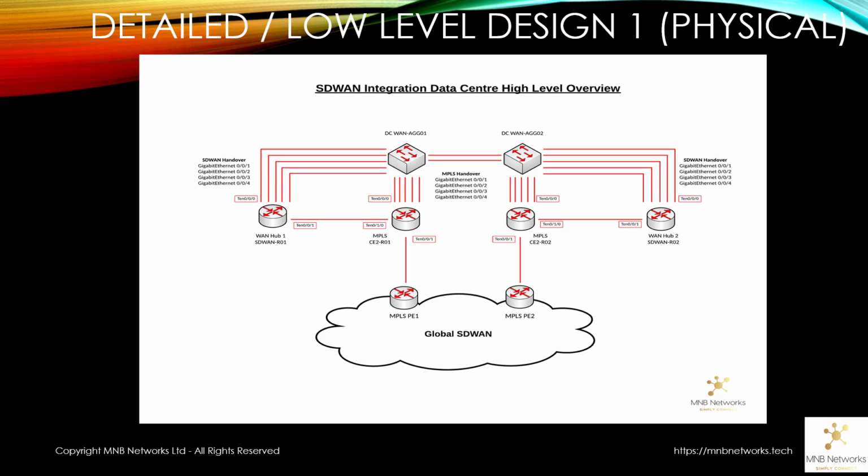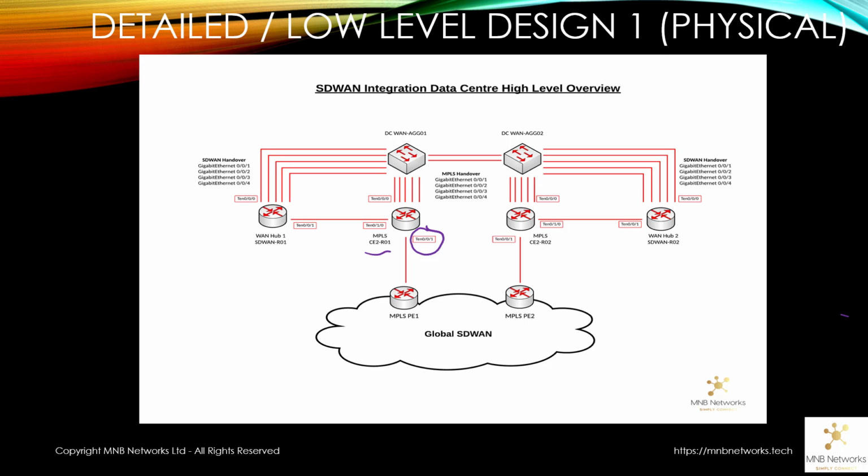On this screen we look at various different things, but the main thing to call out is what physical interfaces are connected to what. So if you look at the MPLS CE2 router 01, you notice that the WAN interface here, which goes southbound towards the MPLS PE number 1, is connected to 10 gig 0/0/1.